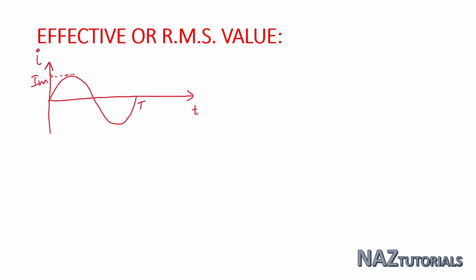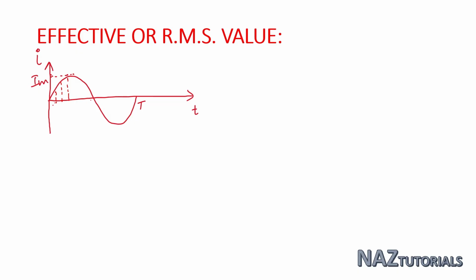So for the calculation of heating, or you can say to calculate the loss in the resistive part, we can divide this sinusoidal wave into small sections and then calculate heating for each section. So here we divide this sinusoidal wave into small parts in n sections.